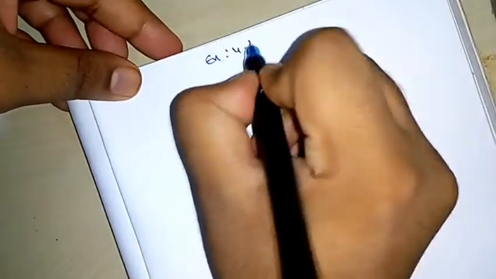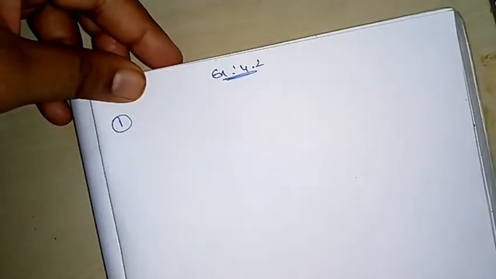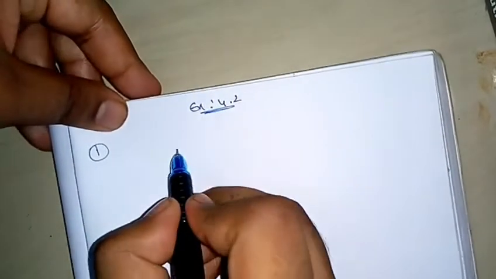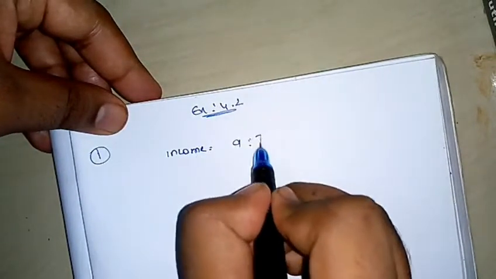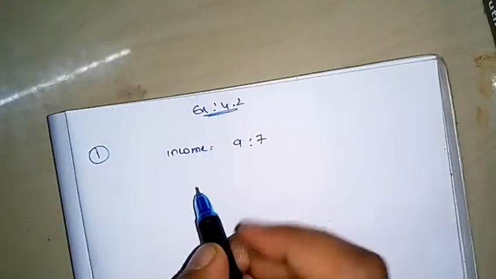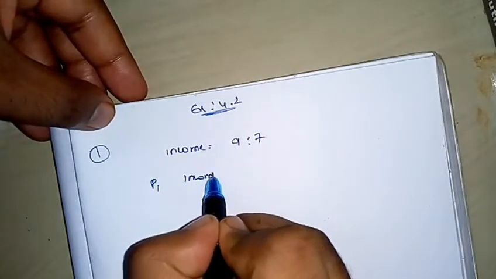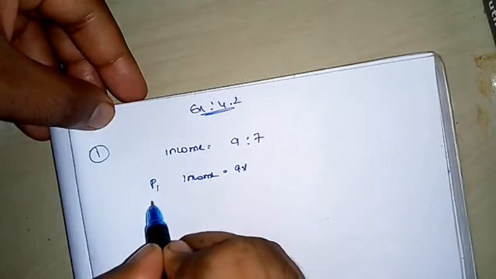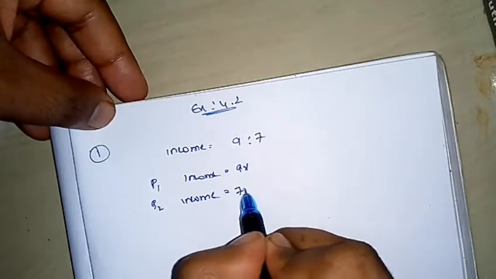Next is exercise 4.2. First question. The ratio of incomes of two persons is 9:7. So for P1, income is equal to 9x, and for P2, income is equal to 7x.